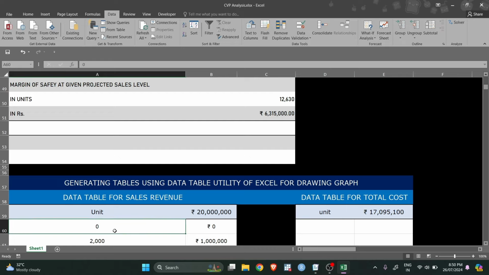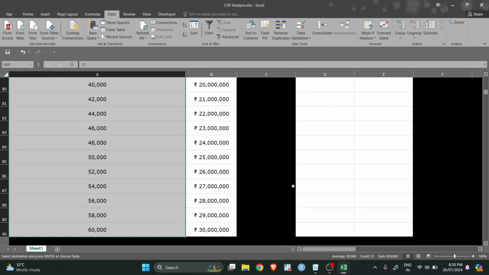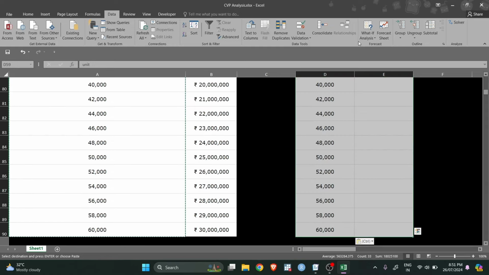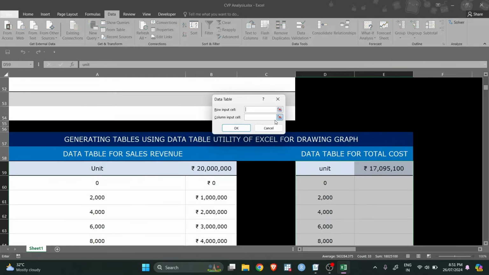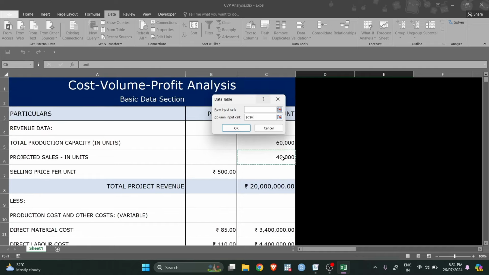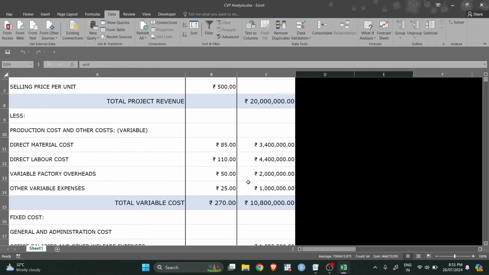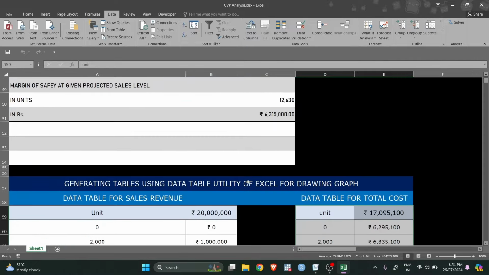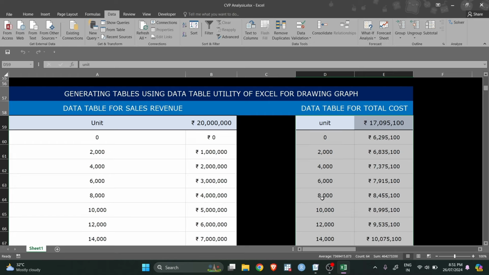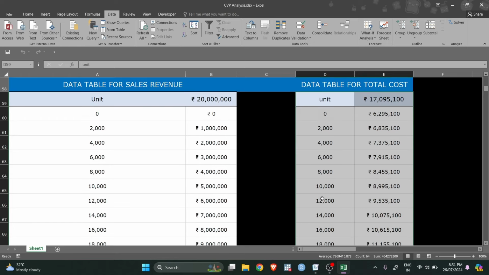Same, control C, control V. I will select this table, go to data, what if analysis, data table. For this quantity, I have got this total cost. So for the different units, I have got this much total cost, right?